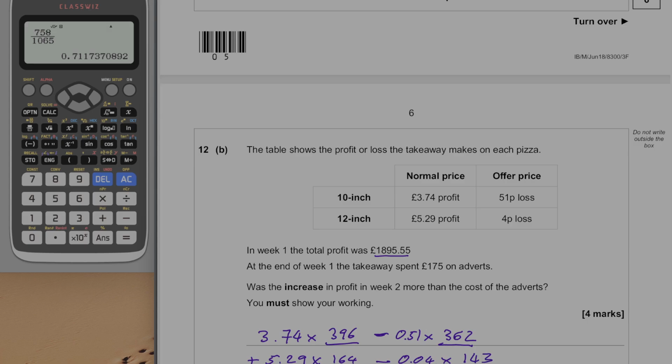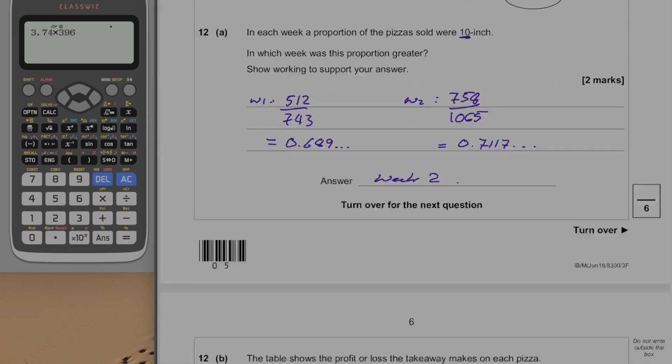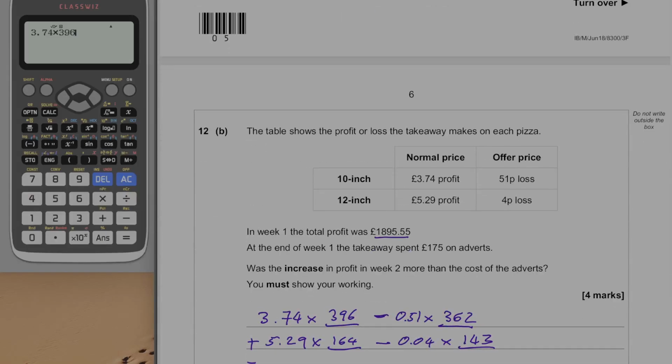Right, provided I've typed my numbers in right now, so 3.74 times by 396. Let me just check I've got my 10 and 12 the right way around. I have. Minus 0.51 times 362, plus 5.29 times by 164, minus 0.04 times by 143.